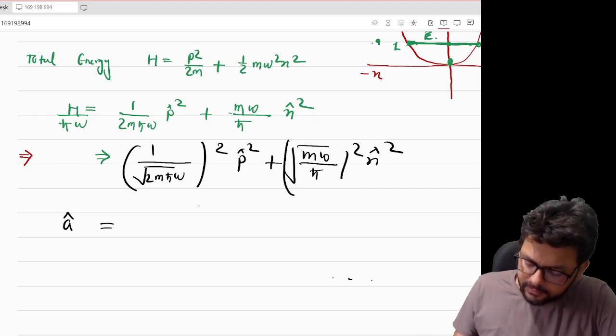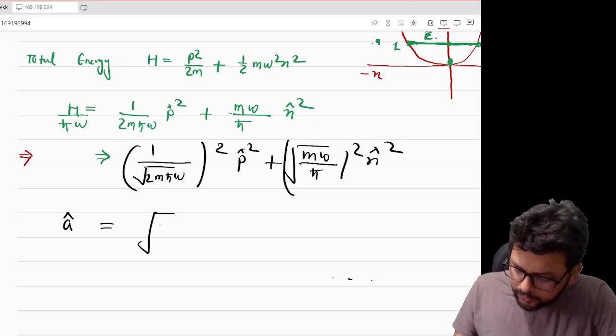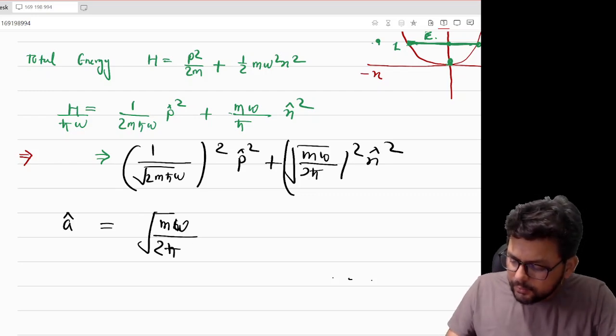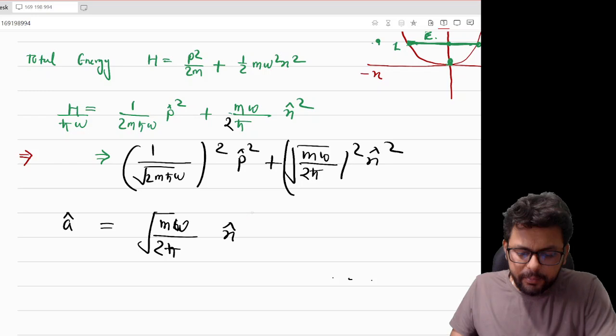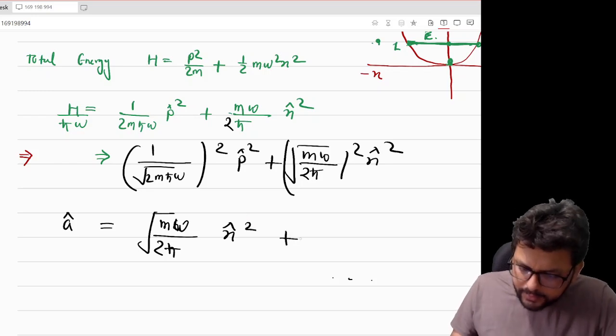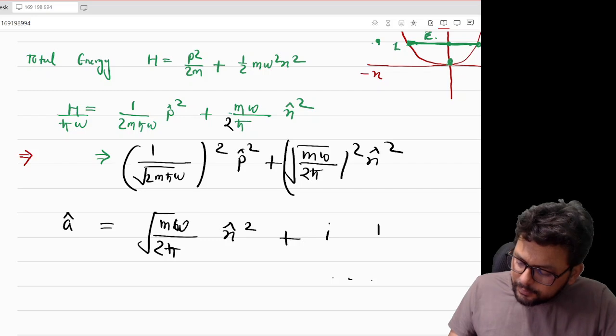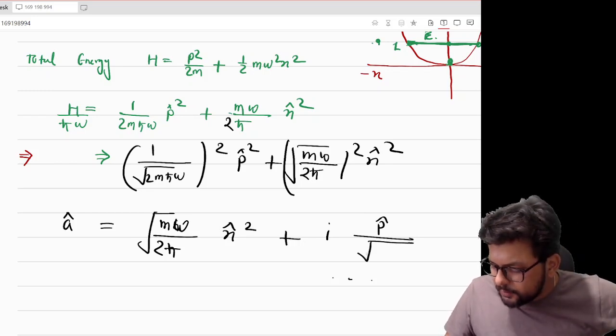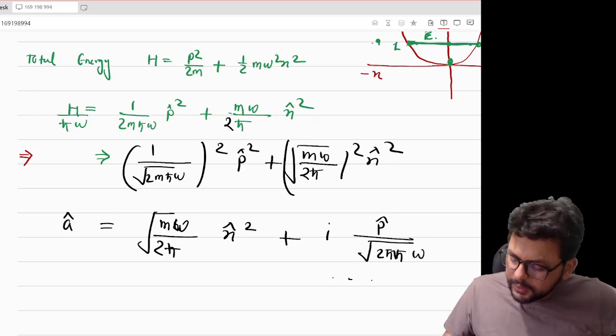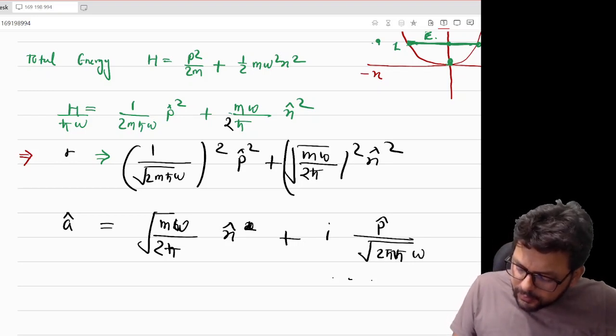So a equals the square root of m omega upon 2 h cut, x operator, plus i times the p operator upon the square root of 2 m h cut omega.